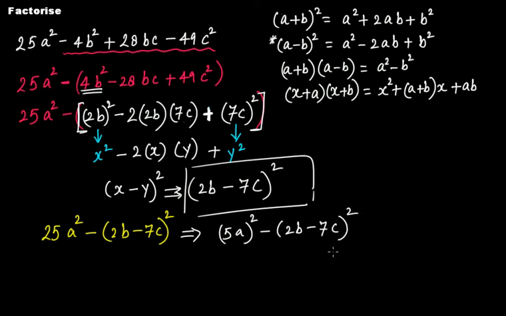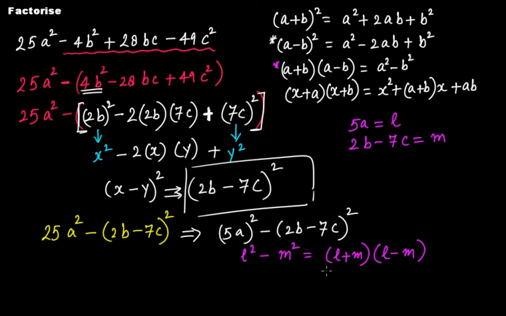Okay, now if we take 5a as L and 2b minus 7c as M, then this becomes L squared minus M squared, and L squared minus M squared should remind you of this identity. Therefore this becomes (L plus M) multiplied by (L minus M). What's L here? L is 5a. What's M here? M is 2b minus 7c.